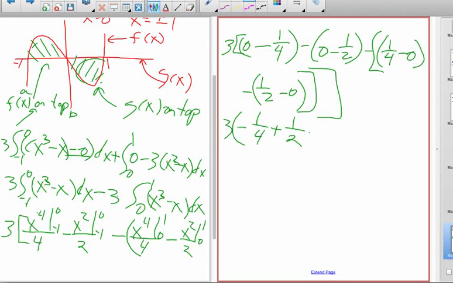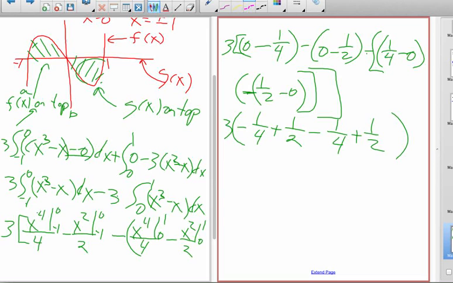Then I'm going to have another minus 1/4, and then there should be a minus 1/2, I think. Minus and minus. Yeah, there should be a minus here. With that minus, that's going to give me a plus 1/2.